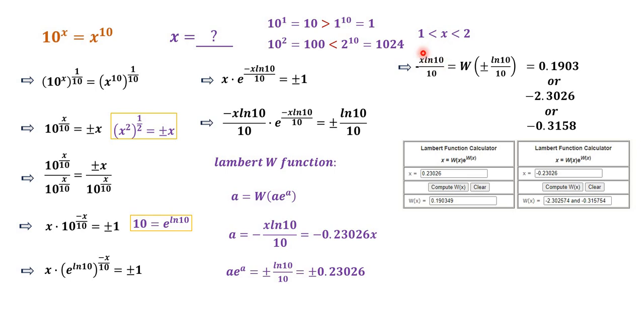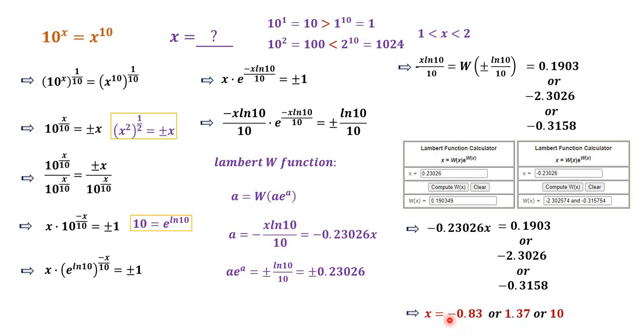Then we have, so this is a formula with x, and there are three values. So ln 10 over 10 is this value, and so negative 0.23026 times x is equal to these three values. So x is equal to, the first solution is negative 0.38. The second, 1.37.